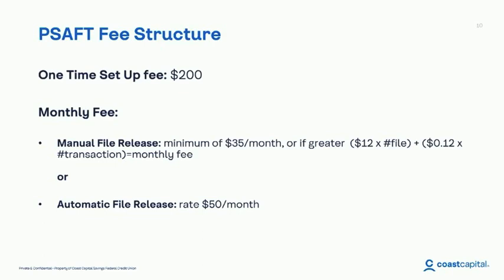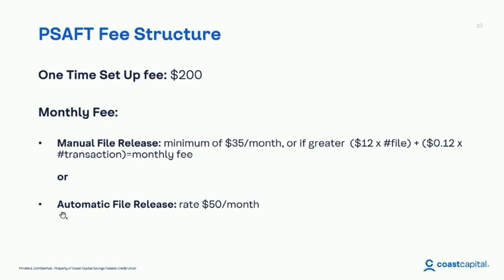Let's say you are a really big Strata. You have 200 owners that you would like to collect these fees from. Well, then that's 12 times the one file plus 12 cents times the 200 transactions. I'll tell you, that's $36. So you're very unlikely to get over the $35 fee mark.